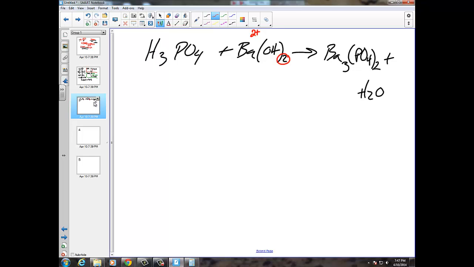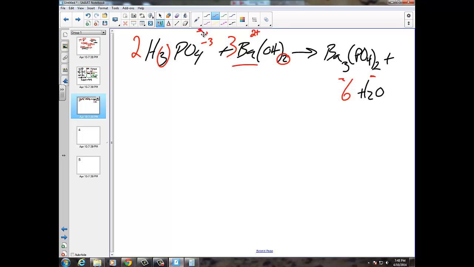There's 3 hydrogens here, which means this is phosphate with a -3 charge. So I'm going to have to switch those to get a 3 here and a 2 here. When we balance it, it is 2, 3, 1, 6. So now I have a balanced equation.